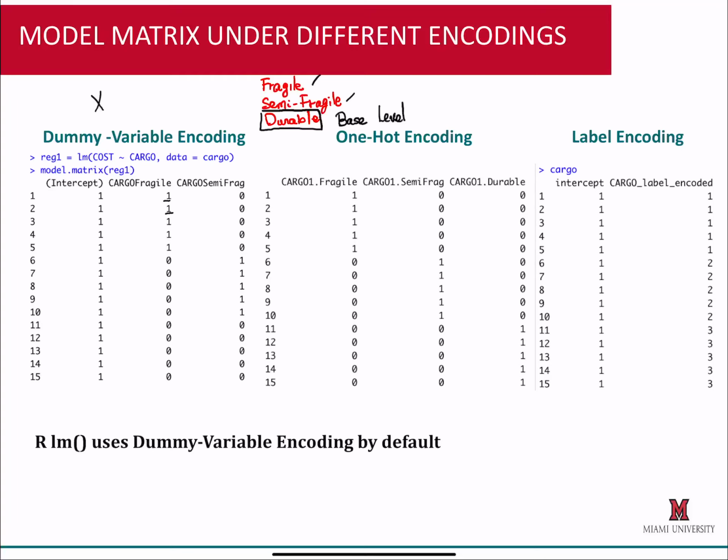The second observation is also a fragile package up to the fifth. Then every single observation is not a fragile package after that. Observations numbers from 6 to 10 are semi-fragile packages, so that's the reason why it has the dummy variable equal to 1 in that case. And then the rest of the observations from 11 to 15 are actually durable. So that's the reason why both dummy variables are equal to 0.